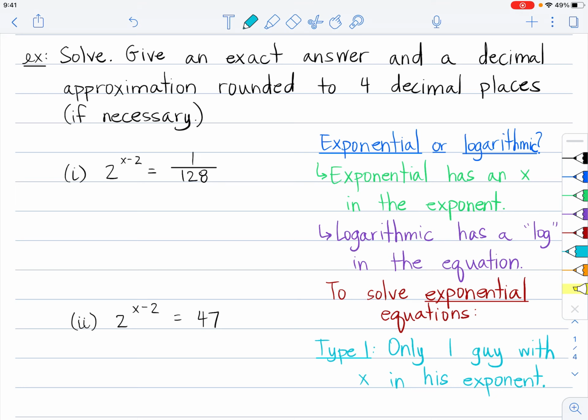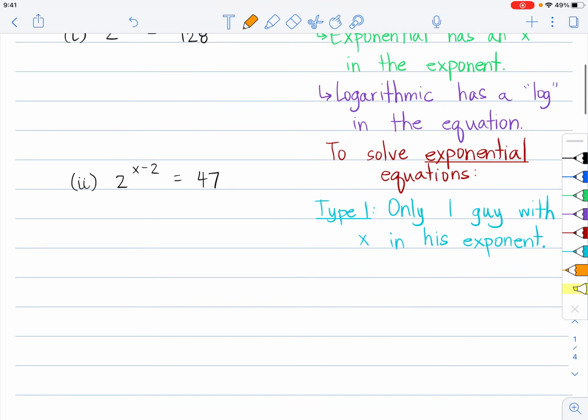And if we are this type, our first step is to get the guy with x in his exponent all by itself.